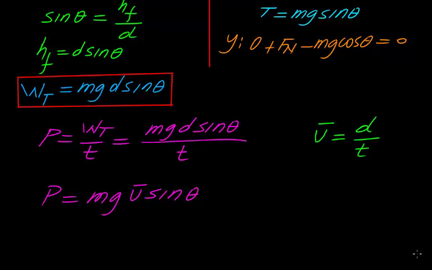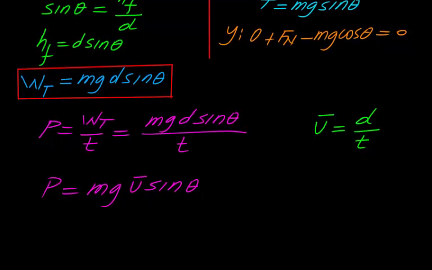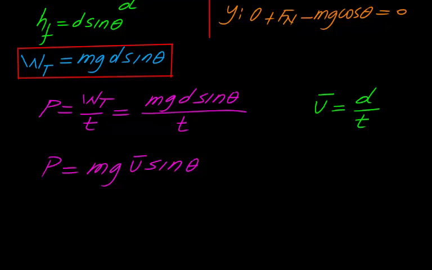One important piece of information that we need to be aware of is to convert the velocity that is given in kilometers per hour to meters per second. After you do that, substitute for the mass, the gravity, the velocity, and the angle theta. You can solve for the power to equal 82,000 watts.